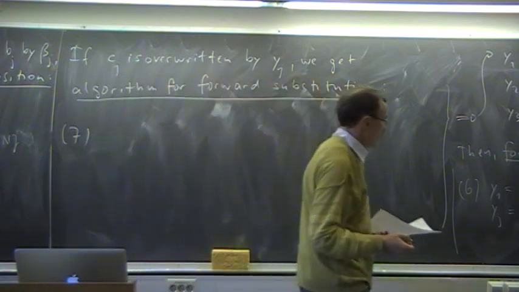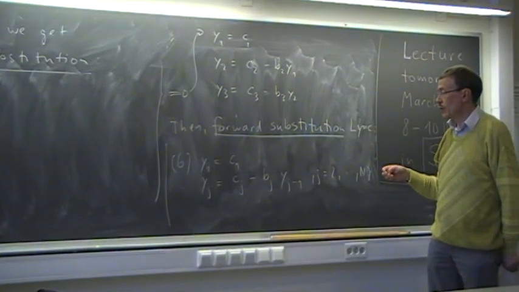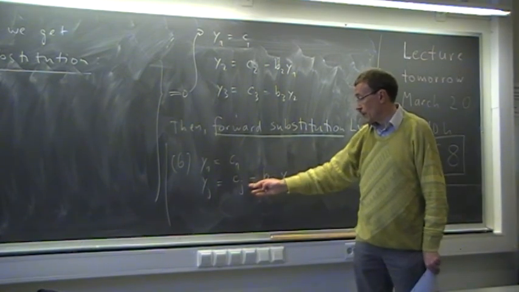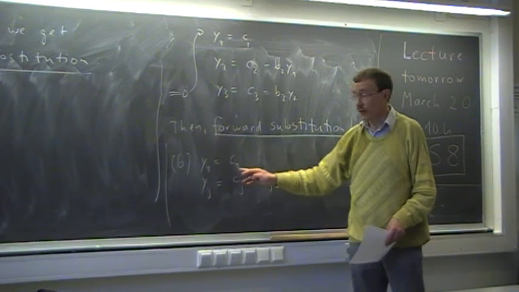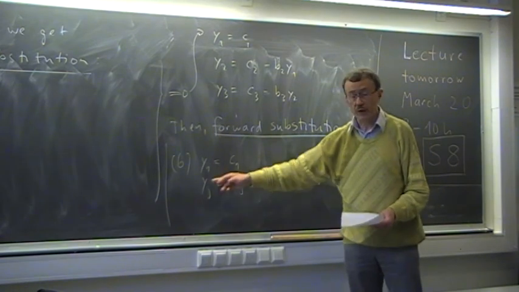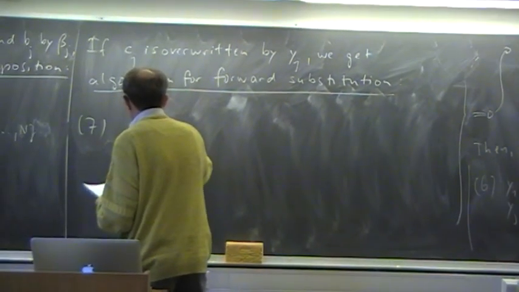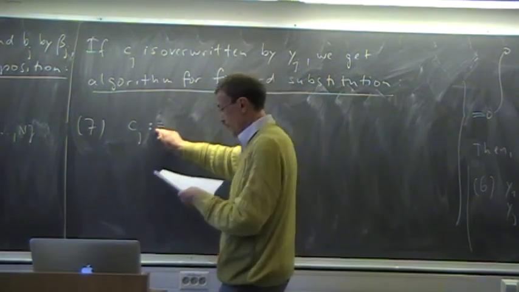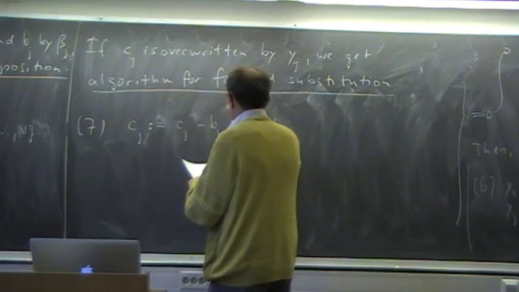So again, the reasoning is similar as we had before. We observe once we have computed, for example, yj, then we have used the cj, then we don't need that any longer. So then we can overwrite the cj with the yj. So then we say that the cj is then, again I use the same notation, overwritten by, so again this is a computer assignment, by cj minus bj cj minus 1.